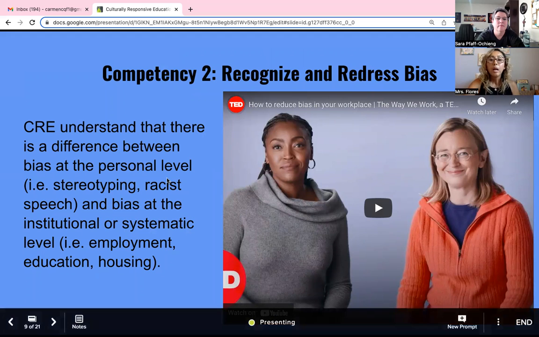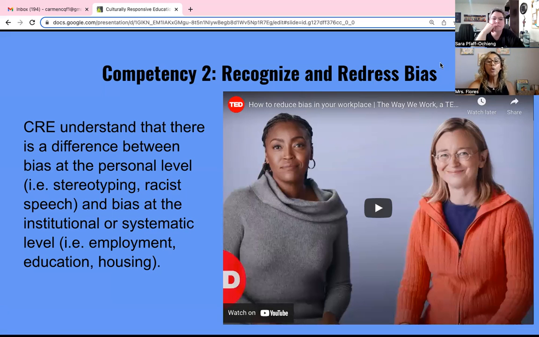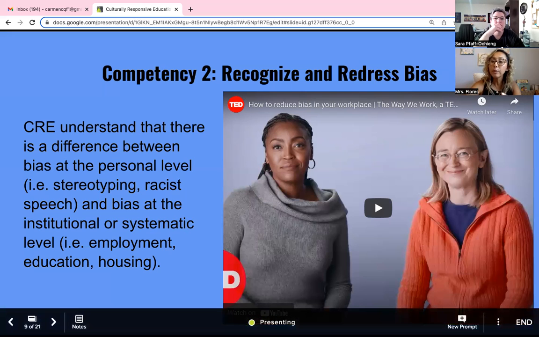Okay. Let's look at competency number 2 right here. Recognizing and redressing bias. So understanding that there is a difference between bias at the personal level and bias at the institutional and systemic level. Again, culturally responsive education goes further than just the classroom.